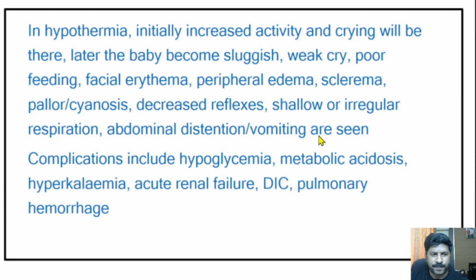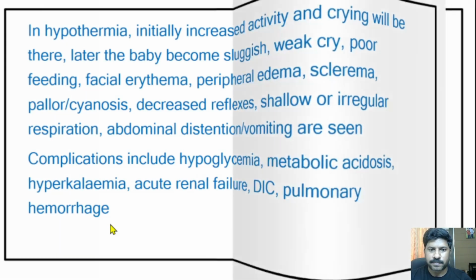The main complications include hypoglycemia, metabolic acidosis, hyperkalemia, acute renal failure, disseminated intravascular coagulation, pulmonary hemorrhage. These are the complications of hypothermia, and it is a fatal condition. If it is untreated, the baby may die. So hypothermia prevention is important in newborns and infants.